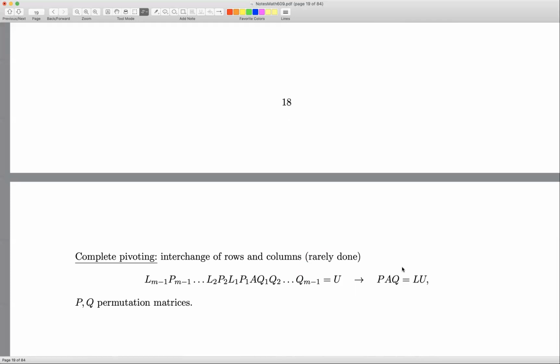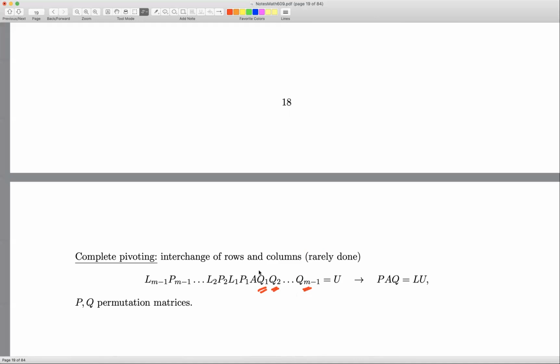And to do an interchange of columns, as we discussed at the very beginning with the example that we had, we have to multiply the matrix A on the right by the permutation matrices Q1, Q2, and so on, up to Q_{m-1}.